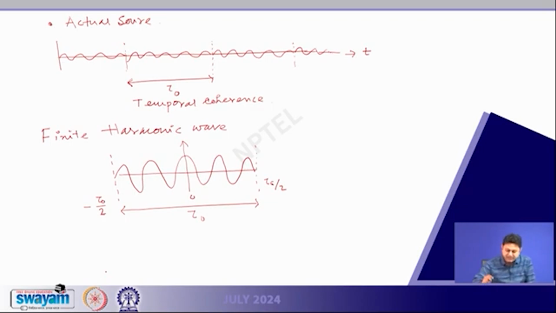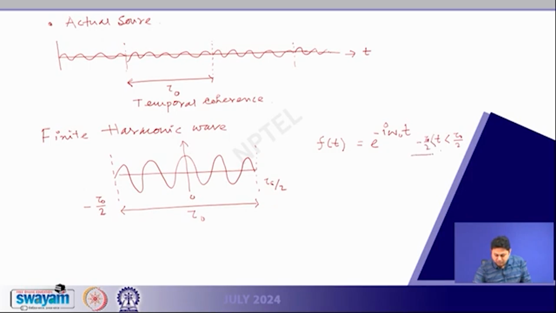And if I want to write this wave mathematically, it is a function f of t which has the value e to the power of minus i omega naught t, that is the expression of a harmonic wave, but it is true only for t less than tau naught by 2 and greater than minus tau naught by 2.